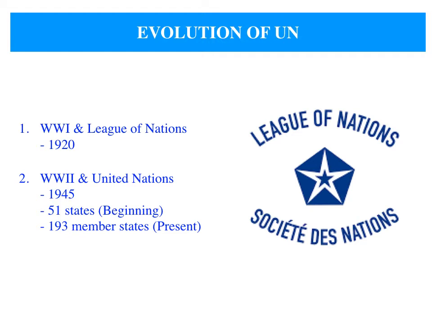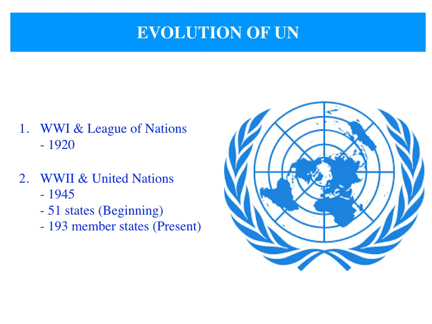So the only option was a stronger international organization. Because of that, the United Nations organization was established as a successor to the League of Nations in 1945, right after the Second World War. This organization came into being with the signing of the United Nations Charter first by 51 states.